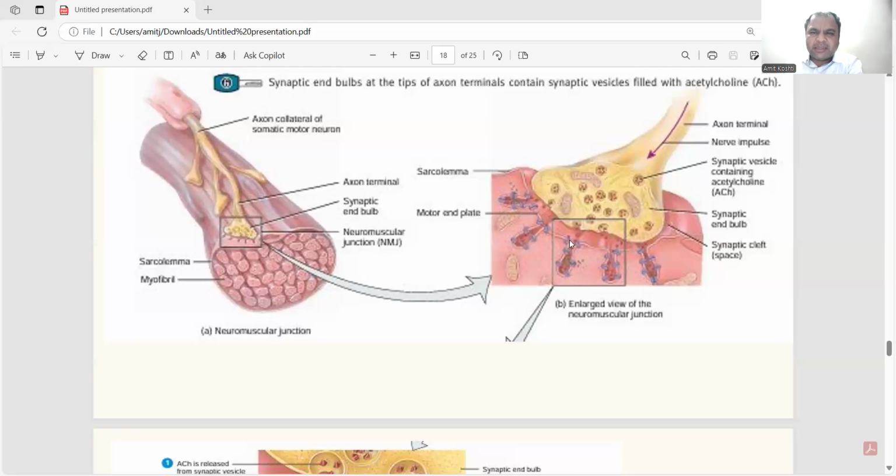This part of the muscle fiber that is exposed at the synaptic end bulb is called the motor end plate. This is actually a physical space. There is no touching of the synaptic end bulb with the sarcolemma, but there is a physical gap, a space where these molecules are released.